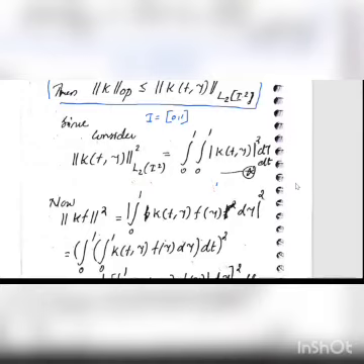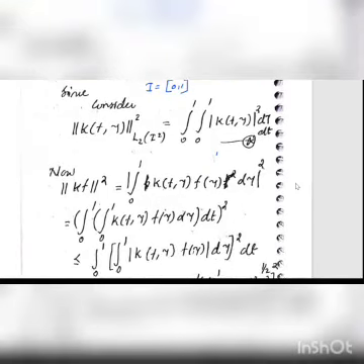Now this quantity is less than or equal to, you can take the modulus inside, so I can replace it with the integral from 0 to 1 of the modulus of k(t,tau) f(tau) d tau, all squared, dt.